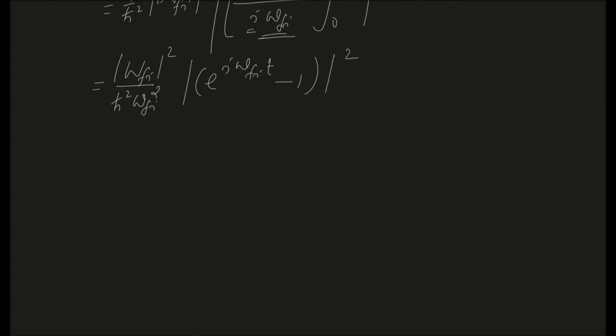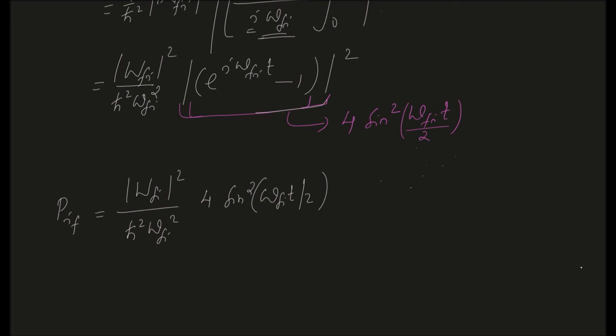Now you can prove, this can be done as an assignment, that this entire quantity modulus square will give us 4 sine square omega_fi t by 2, and when we substitute it here, this is the expression for the probability density.